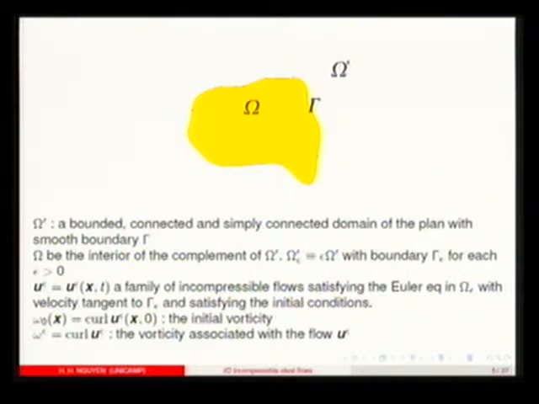Here, I will construct U epsilon. U epsilon is a family of incompressible flows satisfying the Euler equation in the domain omega epsilon, where omega epsilon is equal to epsilon omega prime, and omega 0 is the initial vorticity, and omega epsilon is the vorticity associated with the flow U epsilon.